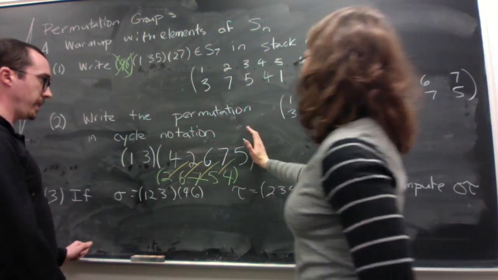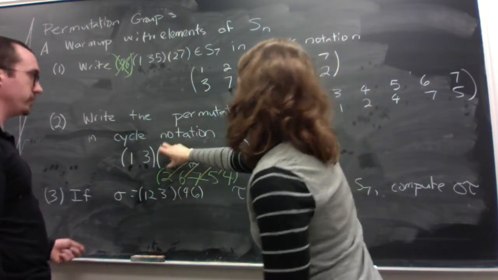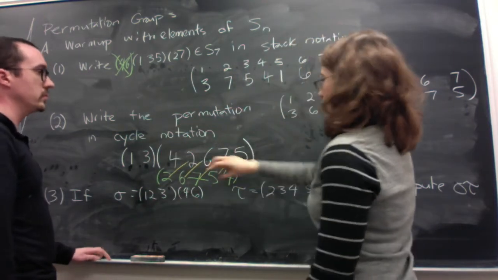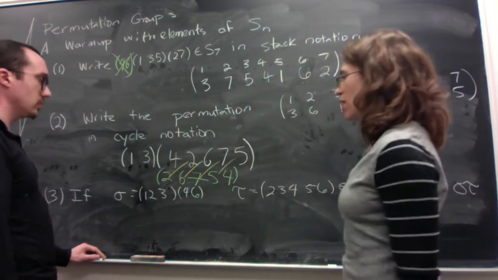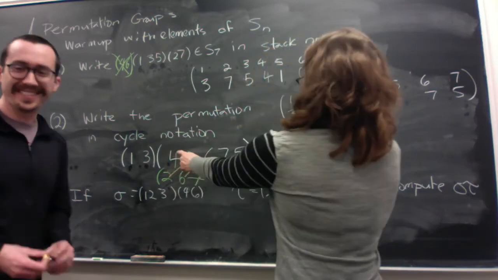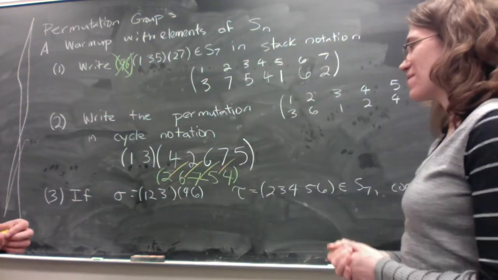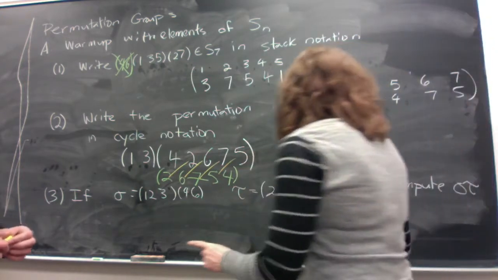And then this close parenthesis tells me to go back to the beginning, which is sort of like moving the 4 from the beginning to the end. So maybe they're called cycles because they cycle, they form like a circle. I could draw this as a circle.